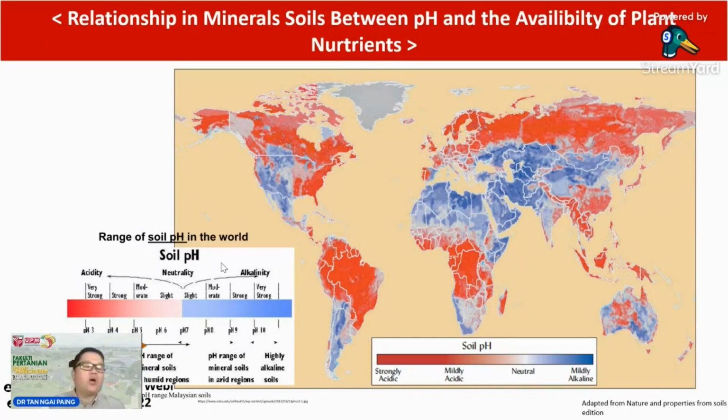Unless you are in limestone areas such as Batu Caves, in Perak, Ipoh area, the pH will be much higher. But overall, you would have a pH of about 4 to 5 something.